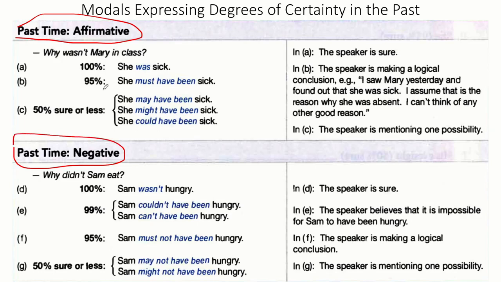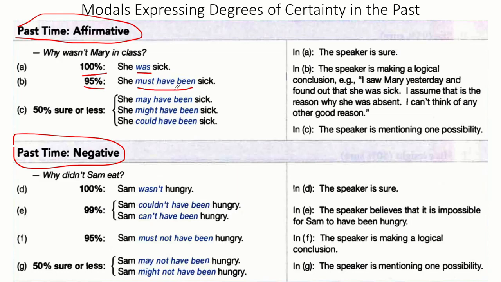If we are 100% sure, we simply put whatever verb we have in the past. For example, we say, she was sick. Then when we are 95% sure, almost sure, there is a lot of certainty going on, but not total certainty, we use this structure, must have been. So we use the modal must, followed by have, followed by been, and then you use it in a sentence.